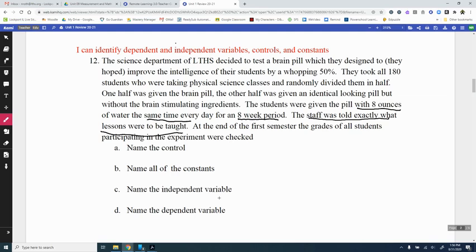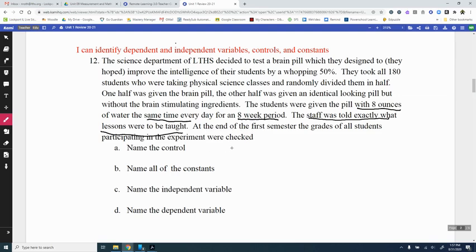The dependent variable, in simple terms, is your results. Whatever the results of your experiment are, that's your dependent variable because it depends on what your independent variable does. So in this case, the dependent variable was if the students' brain power increased, if their test scores increased.